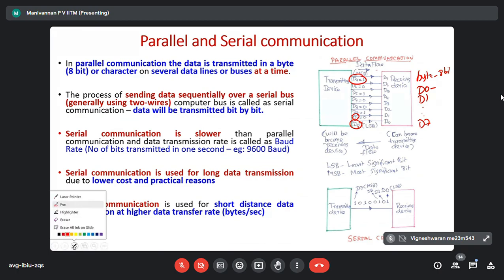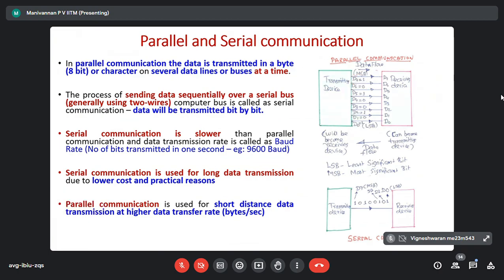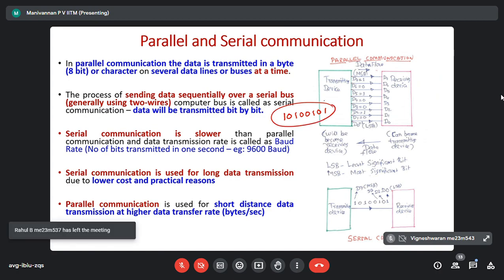What I want to transfer from device A to device B is this binary data: 1, 0, 1, 0, 0, 1, 0, 1. This is D0, this is D1, this is D7.